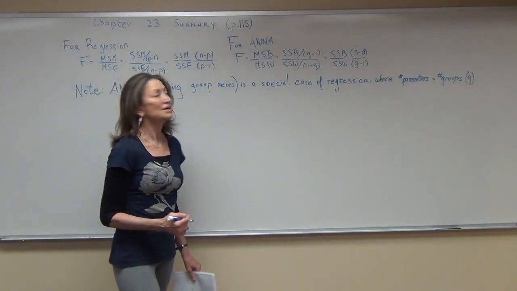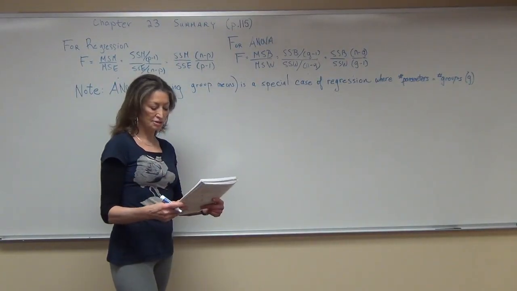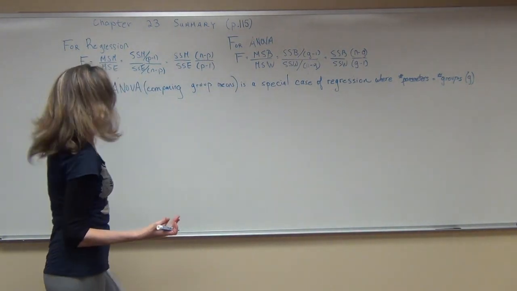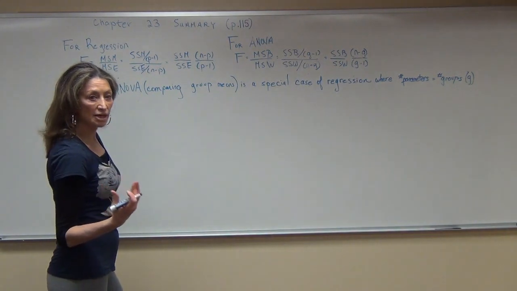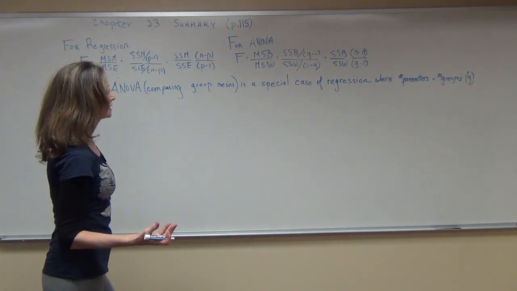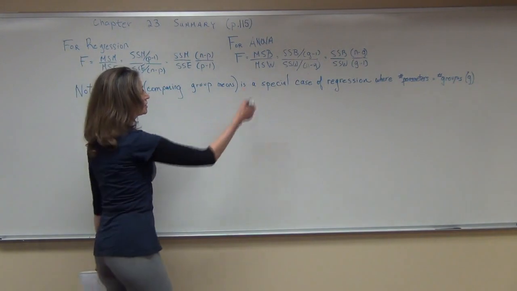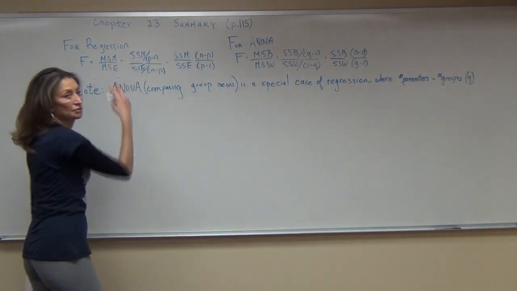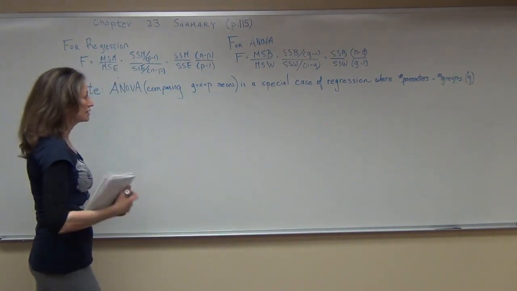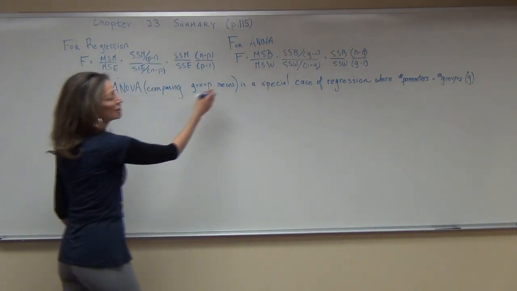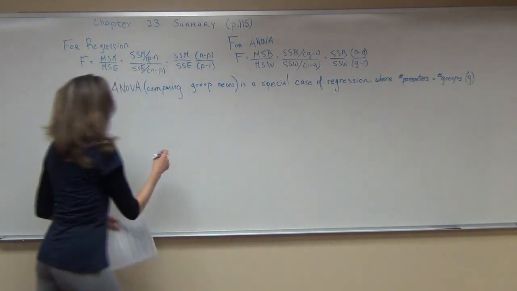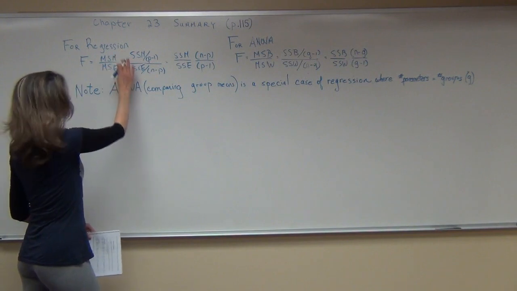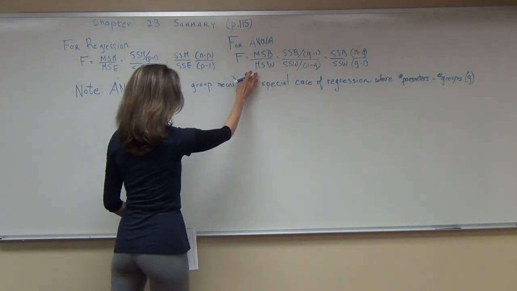Hello, everyone. So let's turn to page 115, the chapter 23 summary. In chapter 23, we're looking at comparing group means, called ANOVA, and let's compare it to regression that we've done before. We see that the F statistic looks very similar. We're comparing basically the signal to noise, the strength of the model to the strength of the errors.